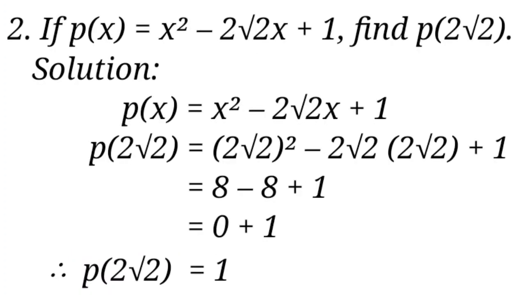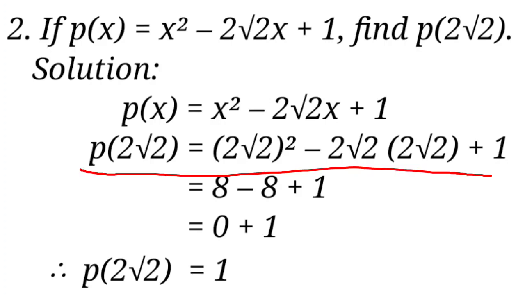Second one: if p of x is equal to x squared minus 2 into root 2 x plus 1, find p of 2 into root 2. Solution: p of x is equal to x squared minus 2 into root 2 x plus 1.